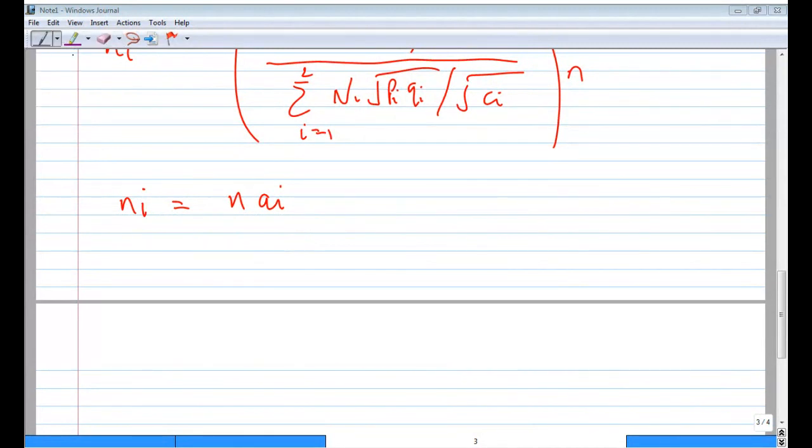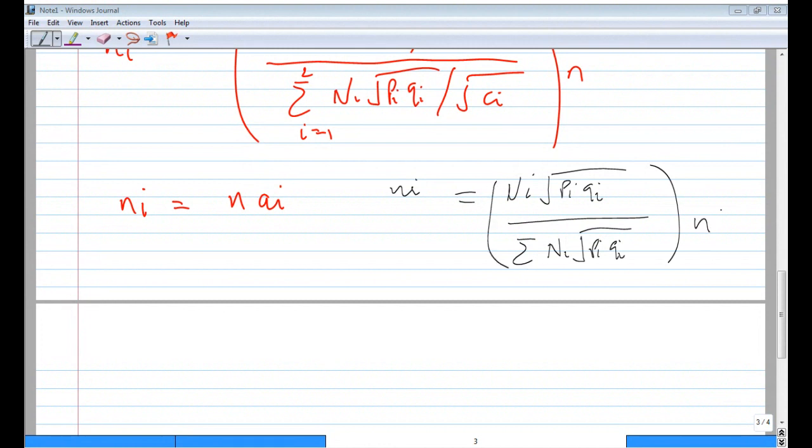So let me just write it here. ni equal to Ni times the square root of Pi Qi, then divided by the summation of Ni times the square root of Pi Qi, then multiply by n.